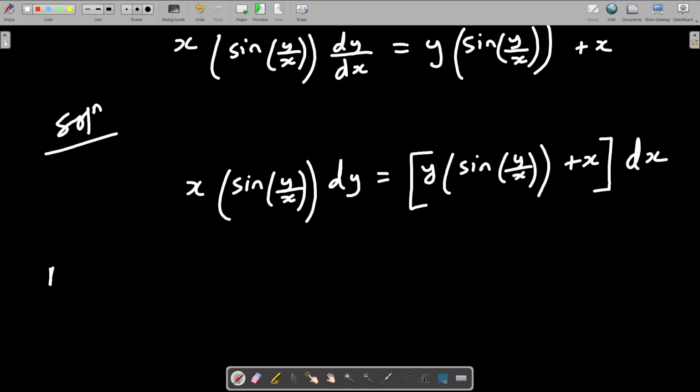Now you'll have to manually verify this. So what is your M of x, y? M of x, y is y times sine of y by x plus x. There will be a minus sign, but that's irrelevant to our problem. You'll have to take this term to this side, so you'll get a minus sign there, but we are not so concerned about it.